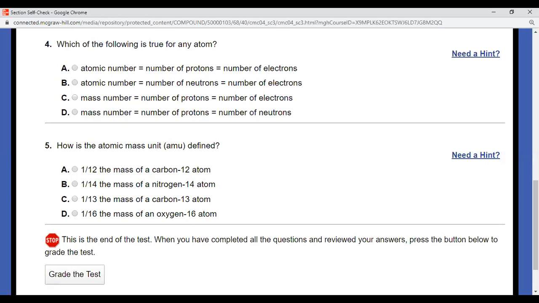Number 4, Hussam. Which of the following is true for any atom? Atomic number equals number of protons equals number of electrons. Atomic number equals number of neutrons equals number of electrons. Which is the best answer?